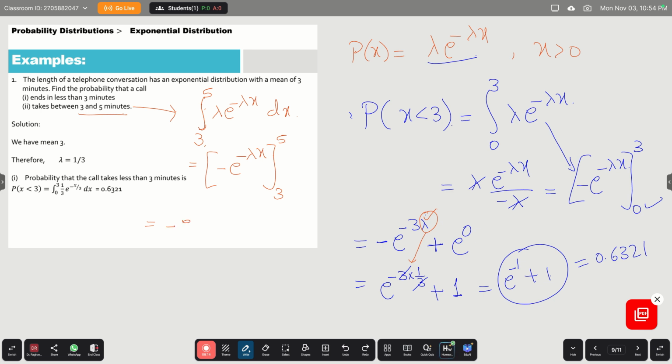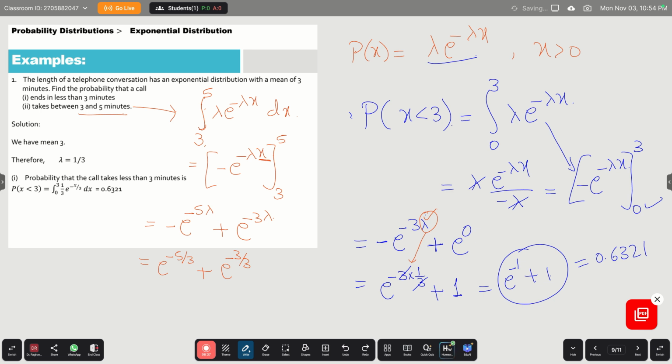I'll apply the limit: minus e power minus, in place of x I am putting 5, so it's 5 lambda, plus e power minus, this time I am putting 3, so it will be 3 lambda. After that you can substitute the value of lambda, 1 by 3: minus e power minus 5 divided by 3, plus e power minus 3 divided by 3.